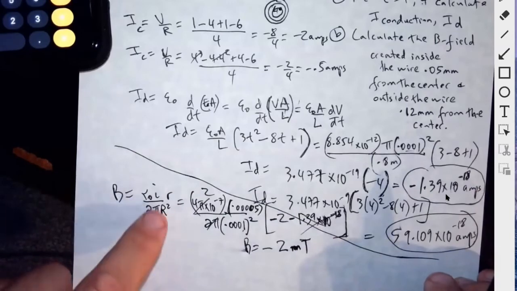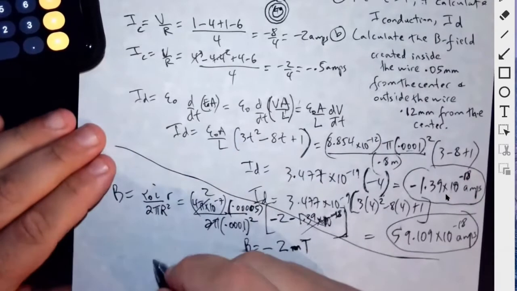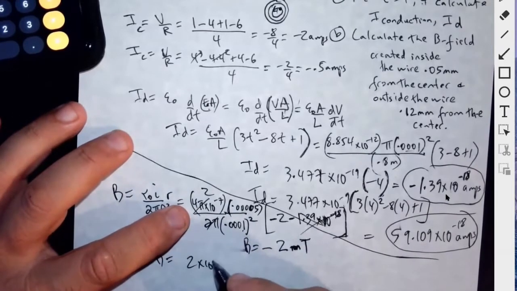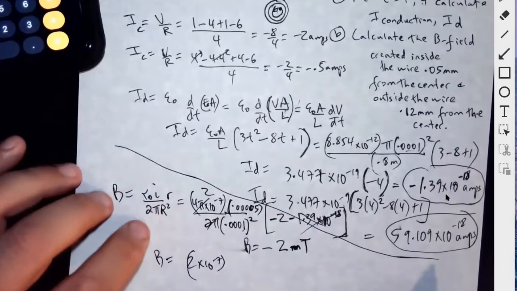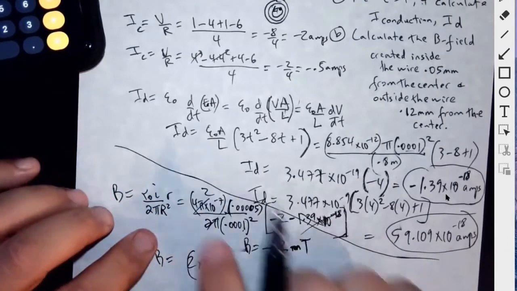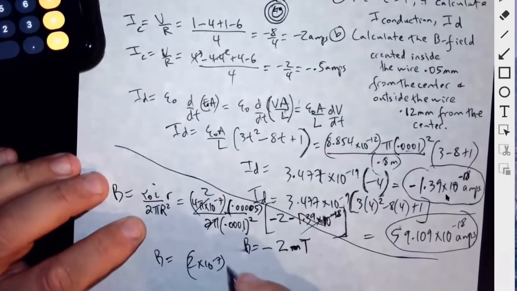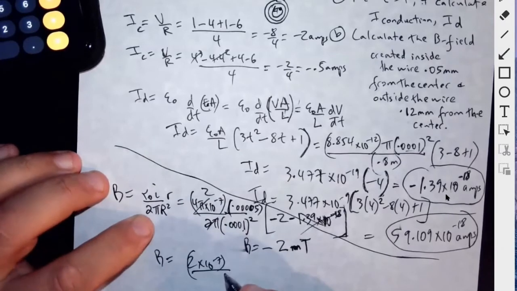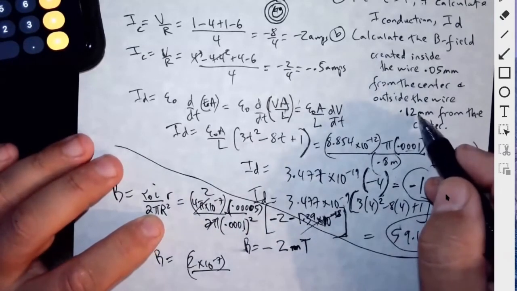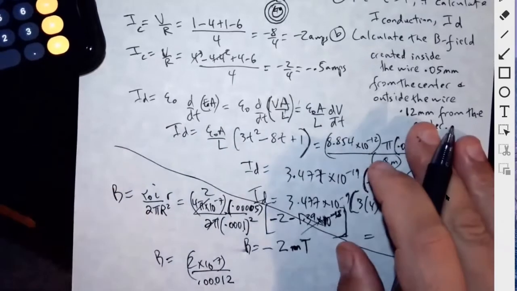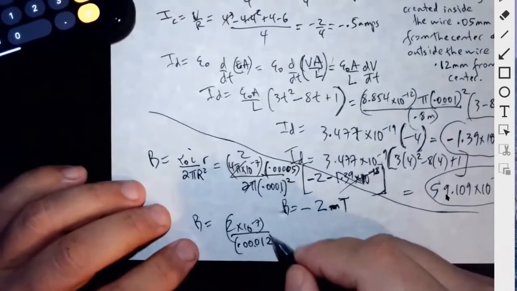It's this thing, 2 times 10 to the minus 7, but instead of r over 2 pi r squared, it becomes your regular mu 0 I over 2 pi r, where r is 0.00012.